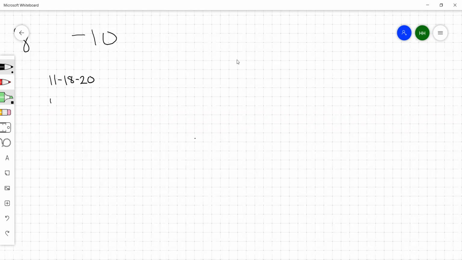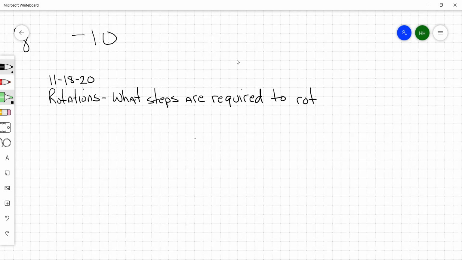All right, today we're going to be talking about rotations, and specifically what steps are required to rotate an image about a point.